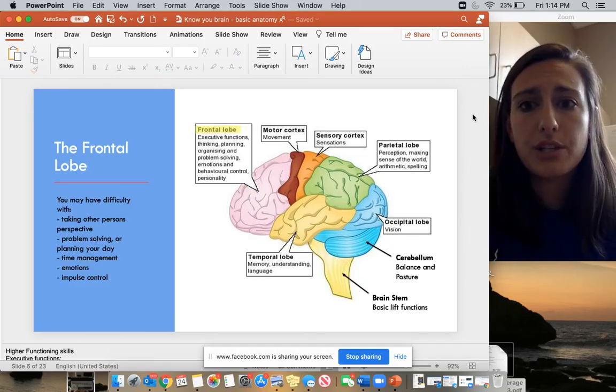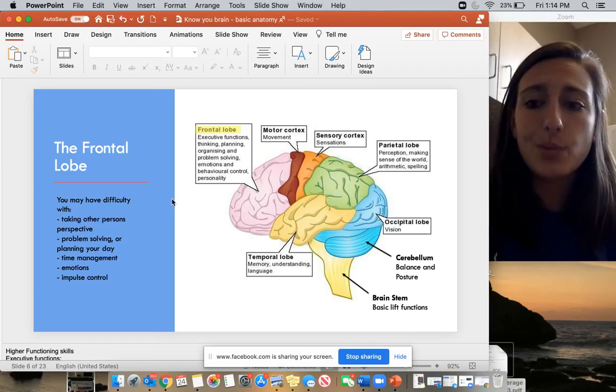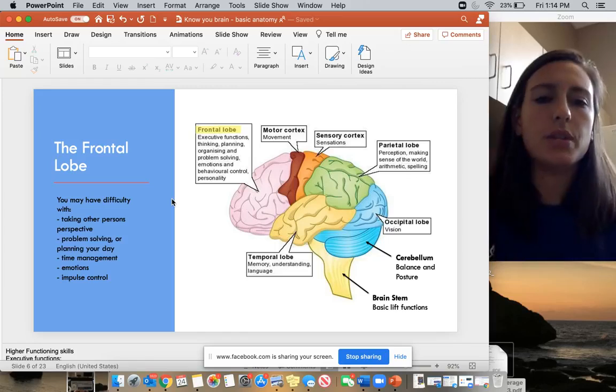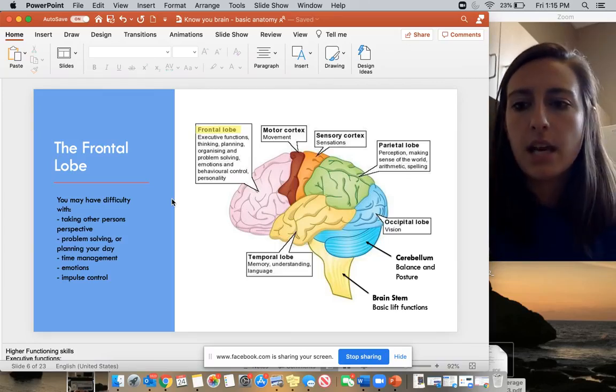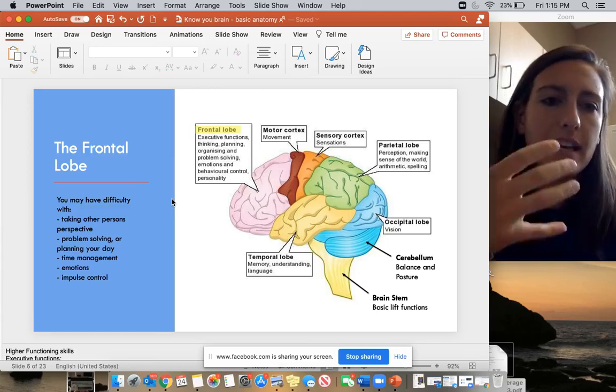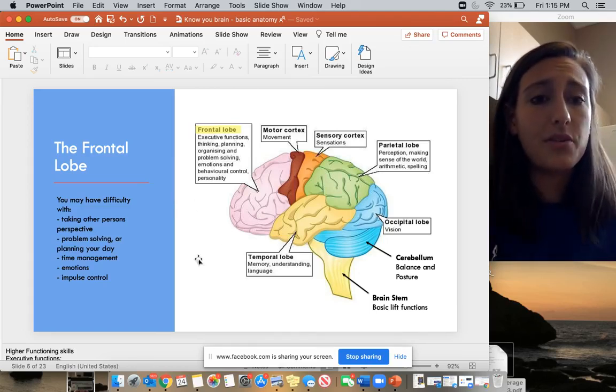So the first lobe we're going to start out with is the frontal lobe. It deals with those higher level skills of your brain. And so when you have had an assault to this part of your brain, you may have difficulty with certain things.